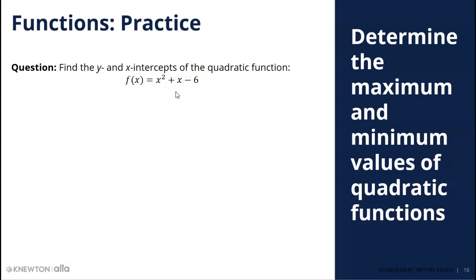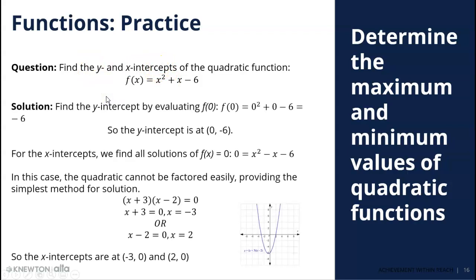Now another example: find the y and the x-intercept of the quadratic function. To compute the y-intercept, all you need to do is set x equal to 0. So replace all the x's there by 0. That means you evaluate f at 0.